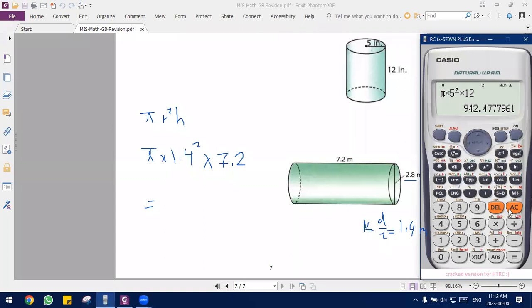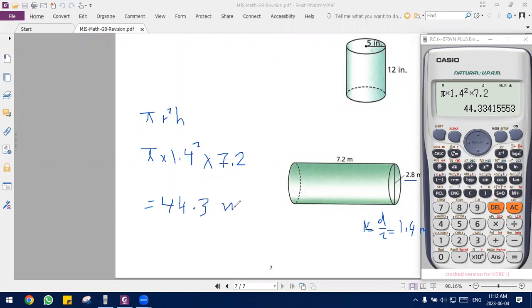Calculator. Pi times 1.4 squared times the height 7.2. 44.3, rounded to the nearest tenth. The unit is meter cubed. So always don't forget, the unit for the surface area has to be squared, but the volume has to be cubed.